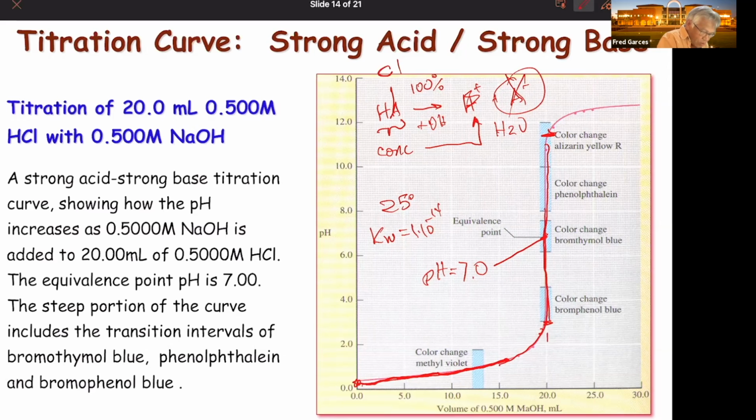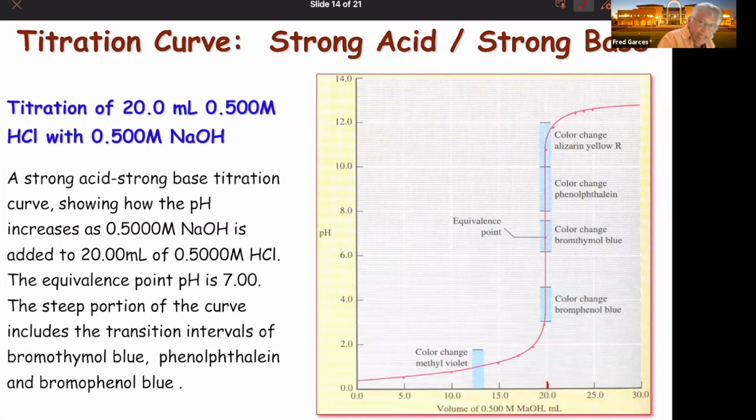The important thing that you want to notice is the equivalence volume, that's the volume at which you reach the equivalence point. That's the volume where the moles of your acid and the moles of your base are equal, is what you want to read. And you can see that in this particular case, let me clear this out.